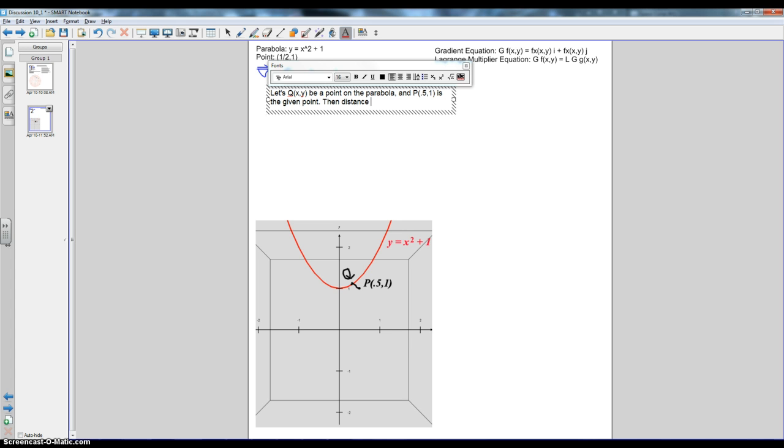Then the distance PQ is given by PQ squared equal (x minus 0.5) squared plus (y minus 1) squared. Let's call it the function f(x, y).